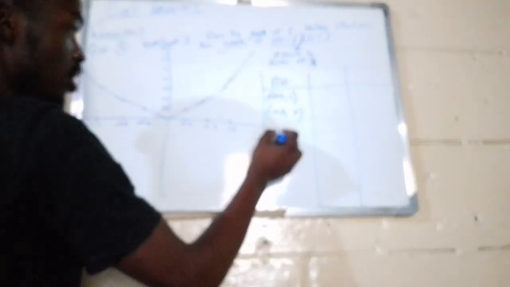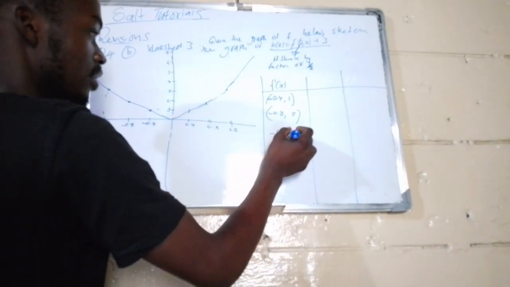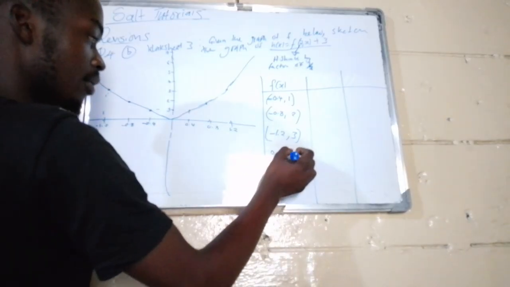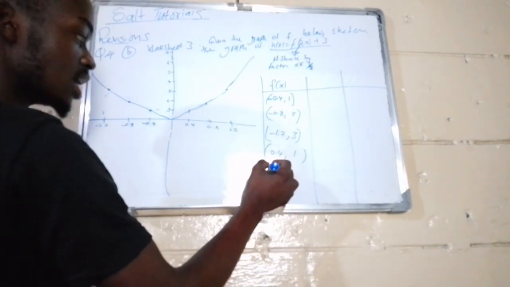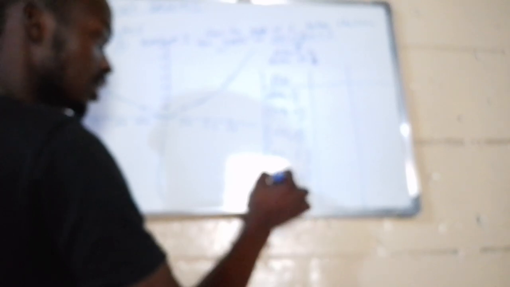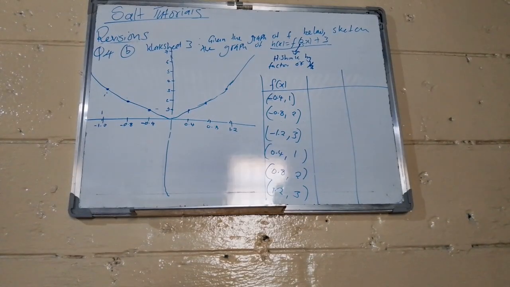Another one, -1.2, 3. Another one, 0.4, 1. Another one, 0.8, 2. Another one, 1.2, 3. So get the visible coordinates you're able to locate on that graph.